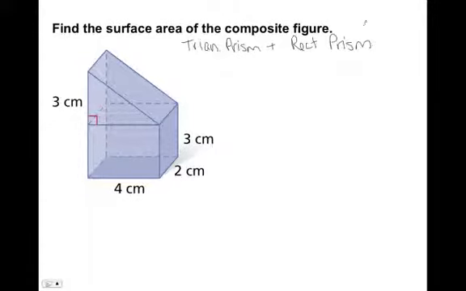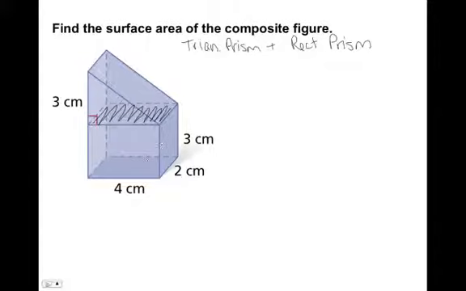But remember, this is surface area, so we're only calculating the amount of area that we see. So if these are connected, we don't really see this rectangle on either solid. So when we find the triangular prism surface area, we have to subtract out that one rectangle. Same thing for this rectangular prism.